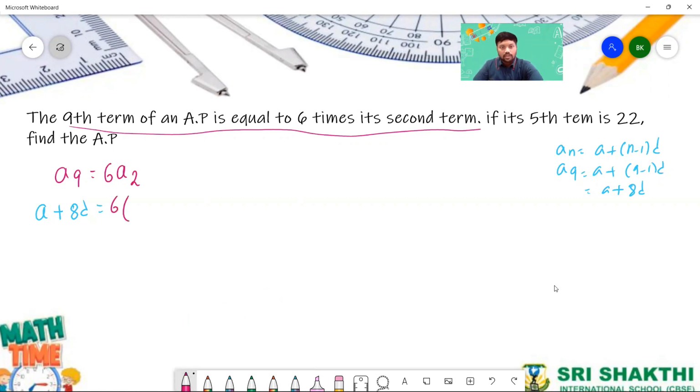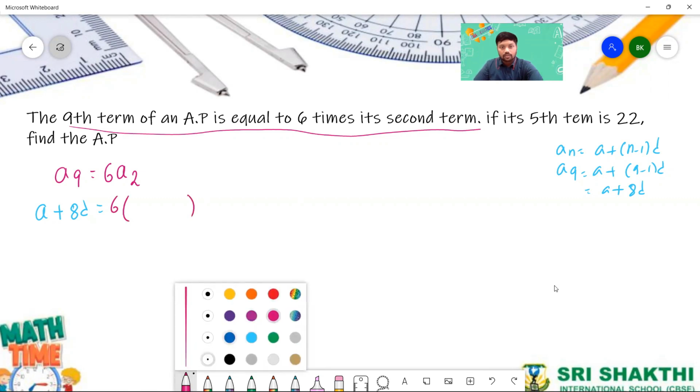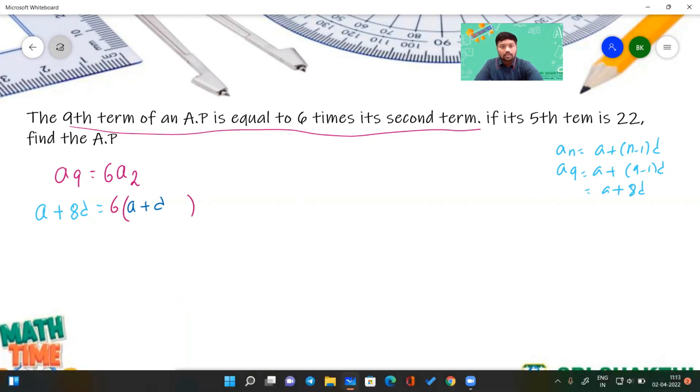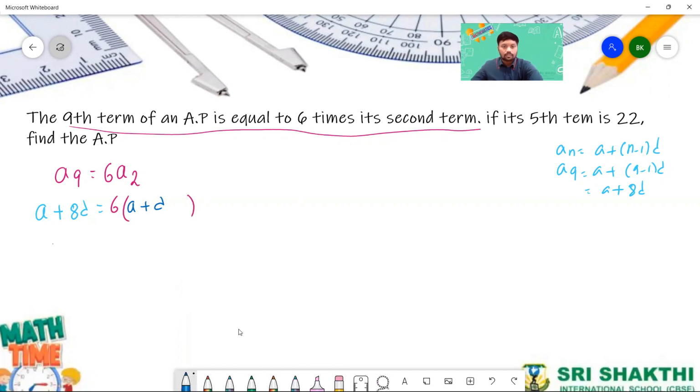And A2 means a plus d; 9 becomes 8, 2 becomes 1. If I simplify this, a plus 8d is equal to 6a plus 6d.